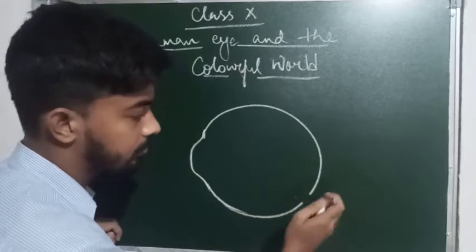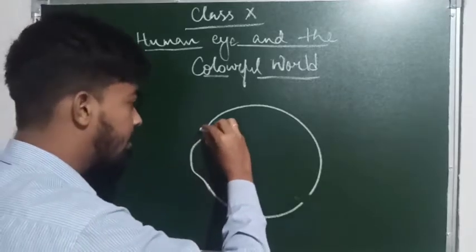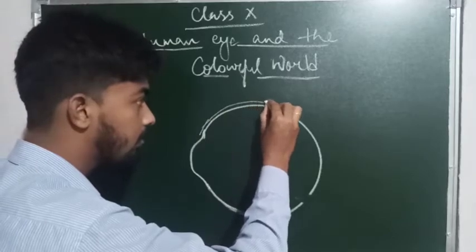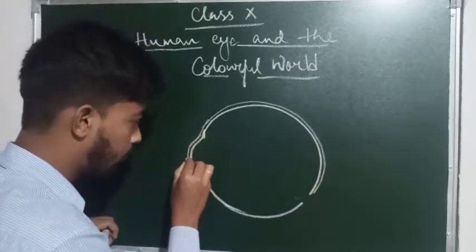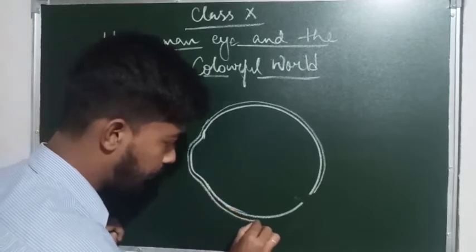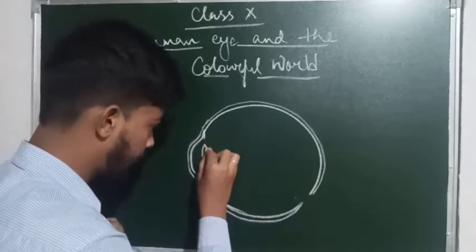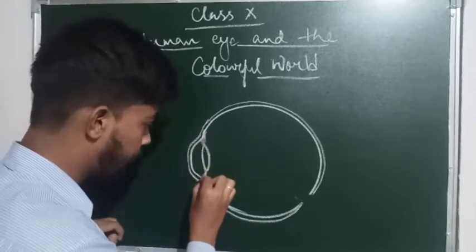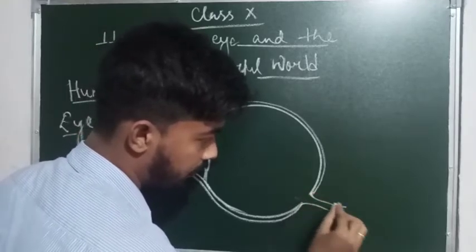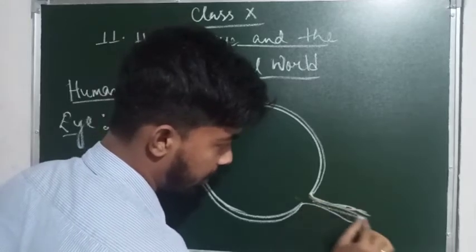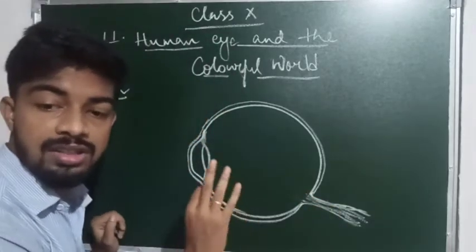In the outer part of the eye there is a very small layer, and in the end there is the nerve which helps to connect the eye to our brain so that we can analyze and visualize the image that we have seen. Now let us see the structure of the eye.